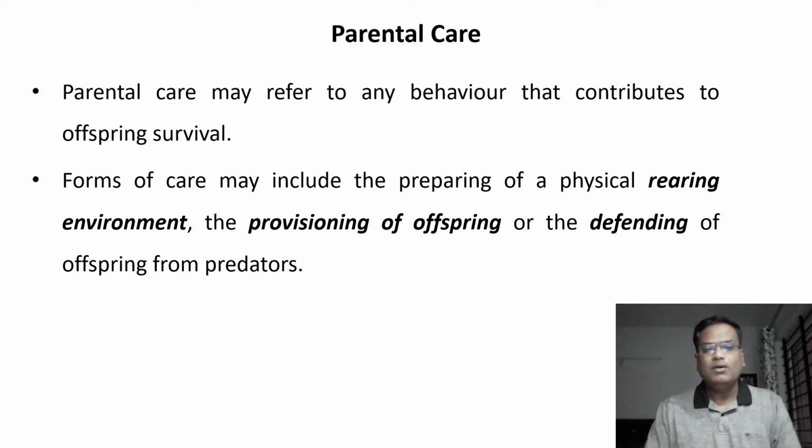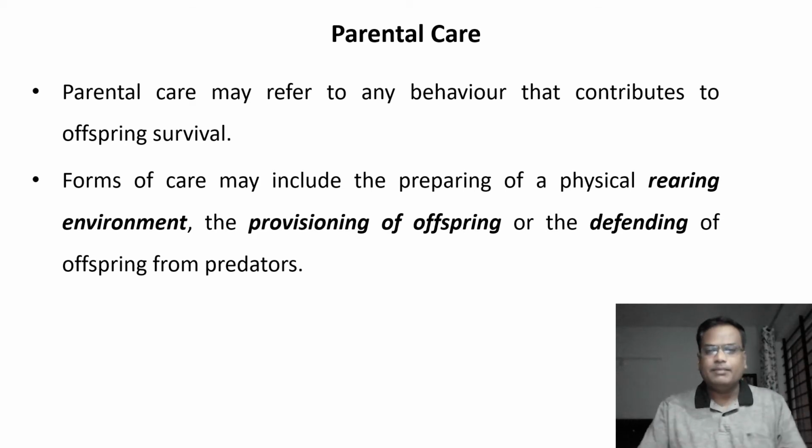So that's how parental care plays a very important role in the survival of the offspring and in the success of the offspring to pass on its genes to the next generation. Forms of care may include the preparing of a physical rearing environment, the provisioning of offspring, or the defending of offspring from predators. The scope of this topic, as far as our syllabus is concerned, is very less.